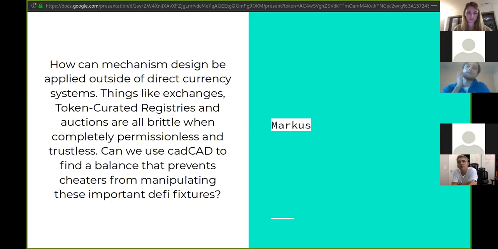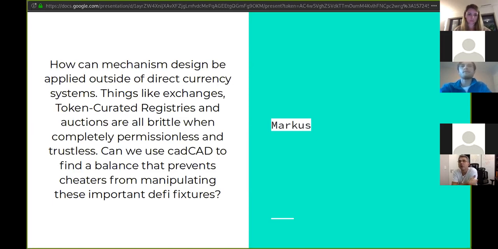Again, it comes down to modeling, designing the mechanisms, establishing the parameters, and especially making user assumptions in this case, right? So cadCAD is not the silver bullet that's going to give you the answers to your problems. It's going to help you understand how your assumptions affect the decisions that you're making.